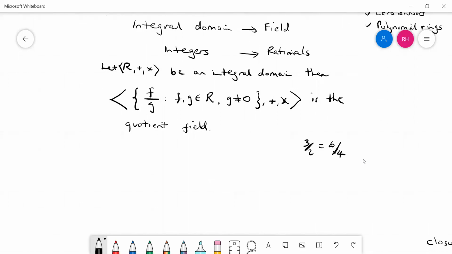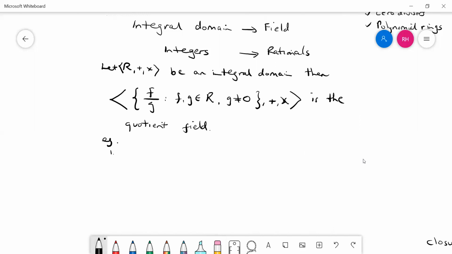Up here, if I was just going to do this set, 3 on 2 and 6 on 4 would be different elements of the set. But what we do is use the concept of what we call equivalence classes to remove that problem. We define an equivalence class using the rule that all equivalent fractions are equivalent. I just mentioned that in passing, and you can follow up on that if you want to explore it further.